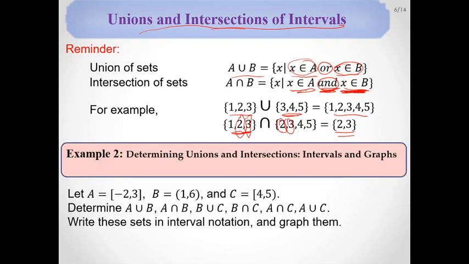Now let's look at this example. It gives a closed interval, an open interval, and another interval here, and we want to determine their union and intersections, and write them in interval notation and graph them.